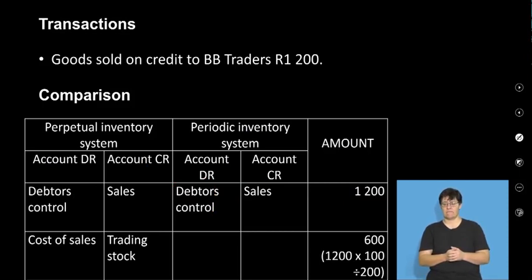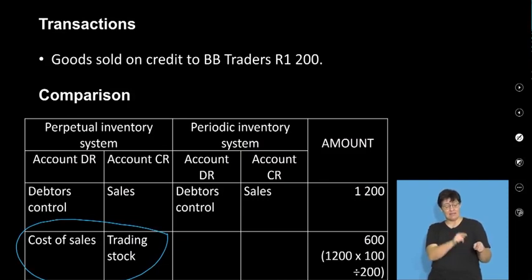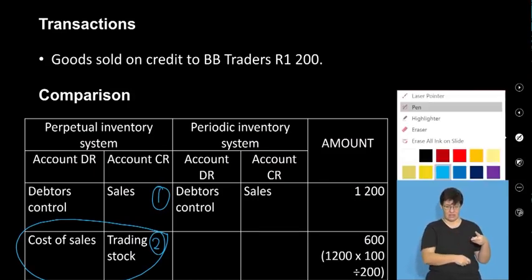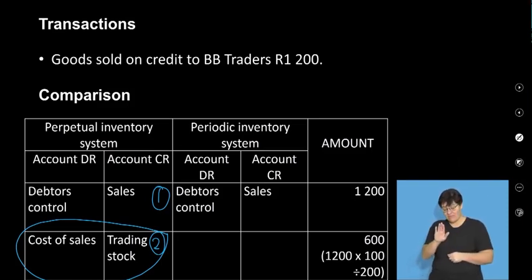If you do your comparison here, right? And on this slide here, I've done something unique for you just to show you that when you're dealing with a sale, notice with the perpetual inventory system, there are two transactions, one with the selling price, one with the cost of sale, right? Whereas when you're dealing with the periodic inventory system, there's only one transaction with the selling price, right?